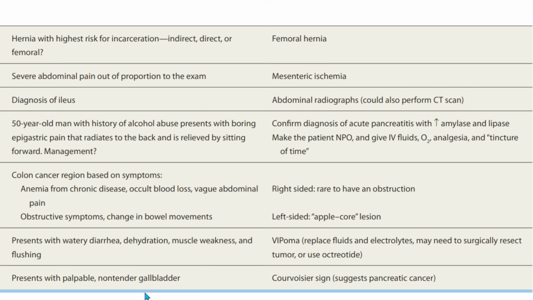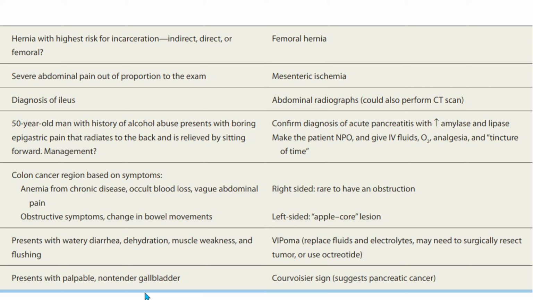You're going to have anemia from chronic disease, occult blood loss, and vague abdominal pain: right-sided colon cancer.